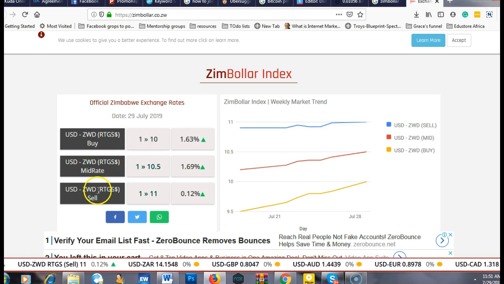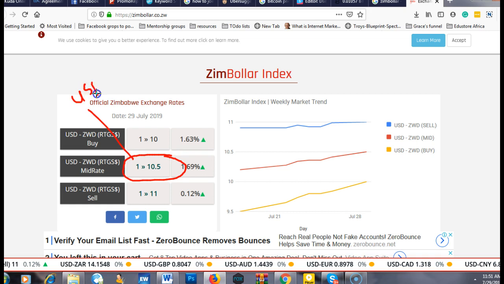As you can see right now, the mid rate is about 10.5. So that means one USD is $10.50 RTGS, and the sale price is at 11.